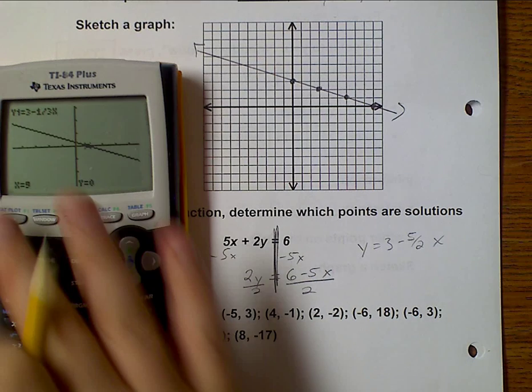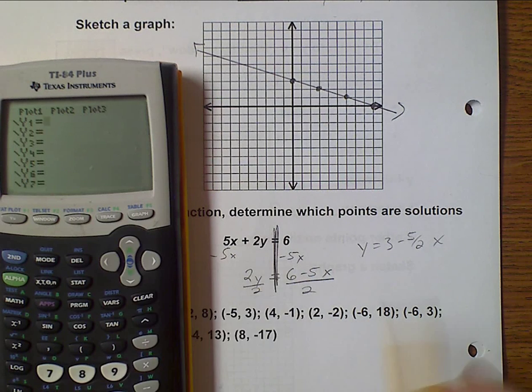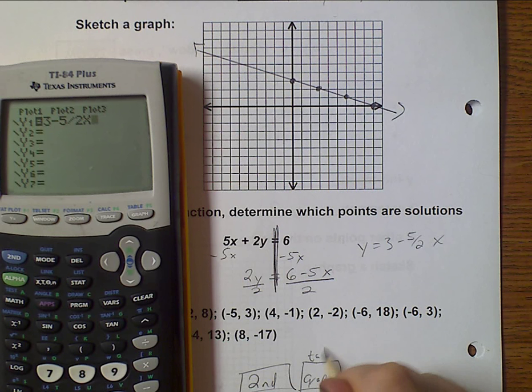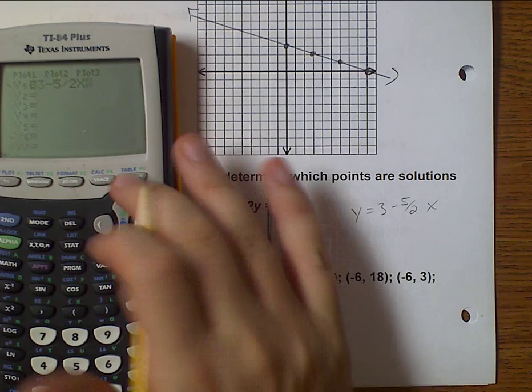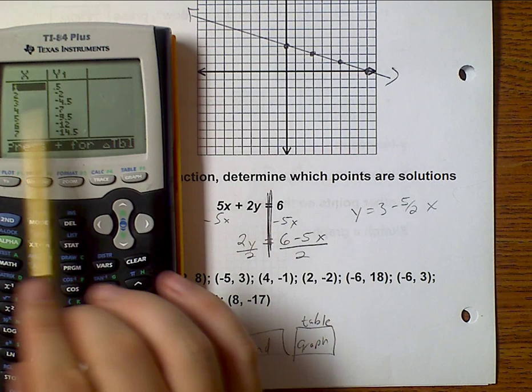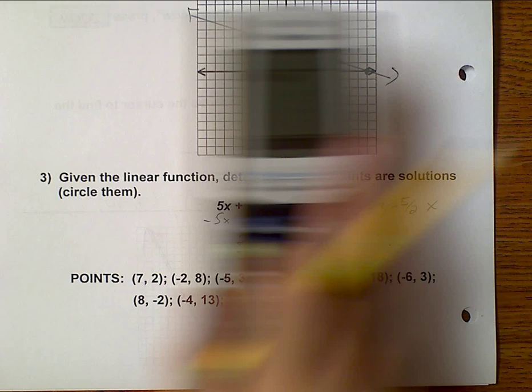Go back to my calculator. I'm going to put this in there, 3 minus 5 over 2x. But this time, I'm going to go to second graph, which is table. And notice I have x coordinates and y coordinates, and all I have to do is check them.